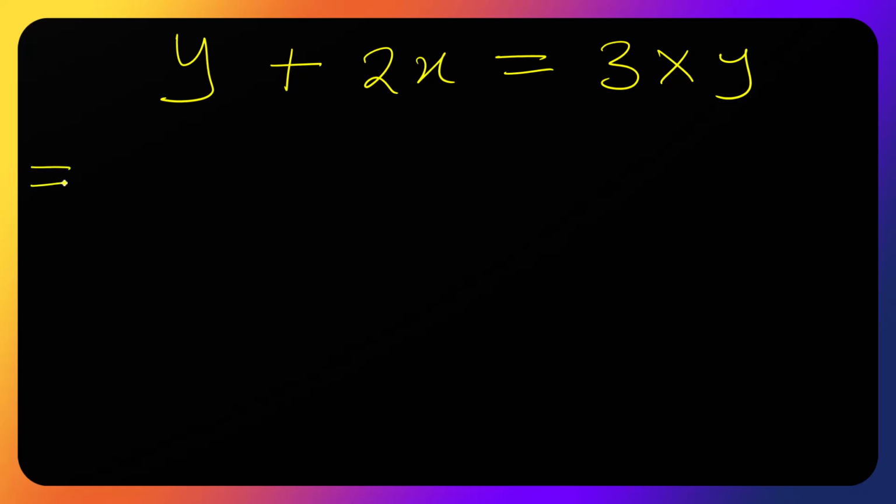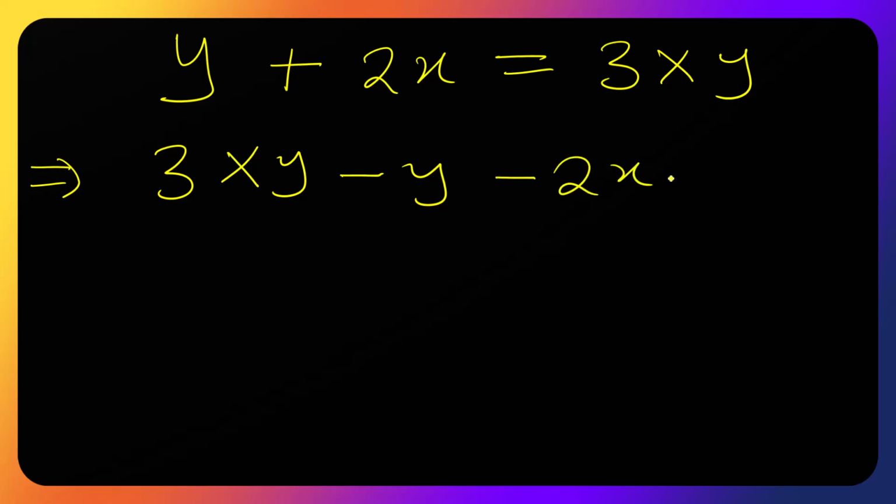Now I would like to send everything to the other side. I want to send this one to the right hand side, so that will be 3xy minus y minus 2x equals to 0.